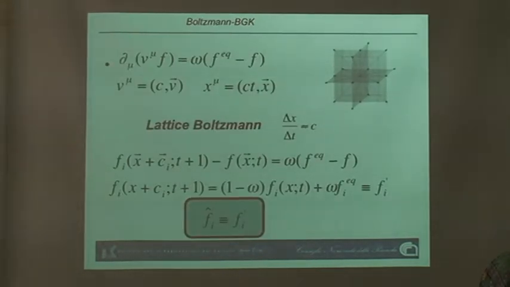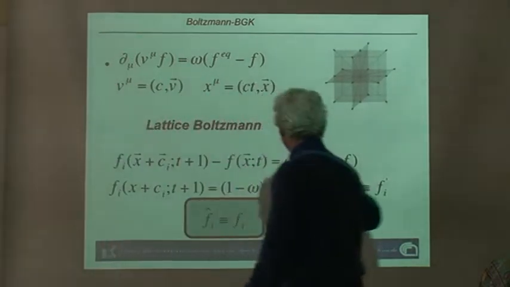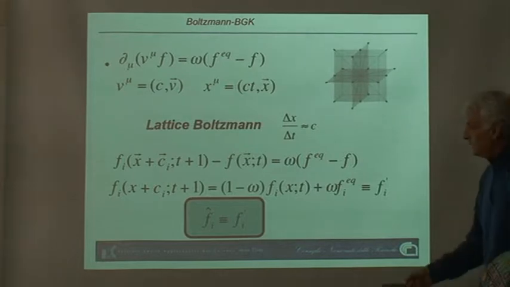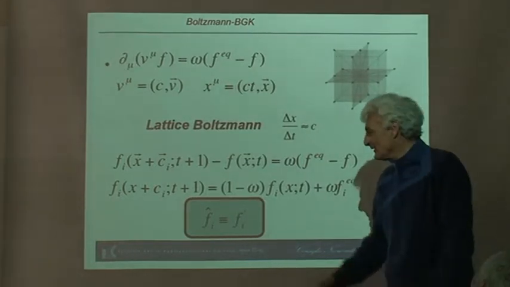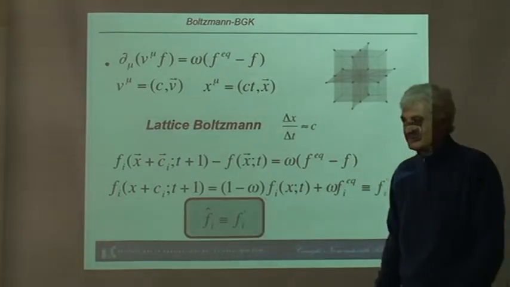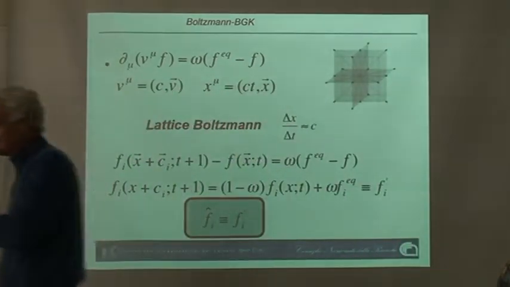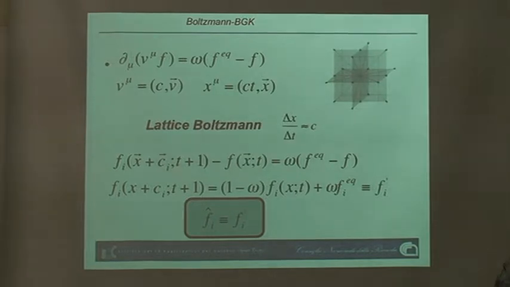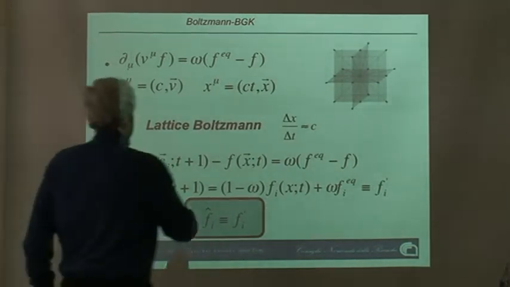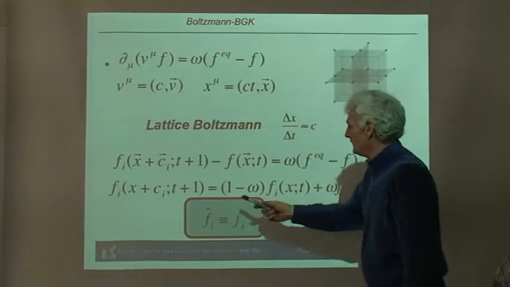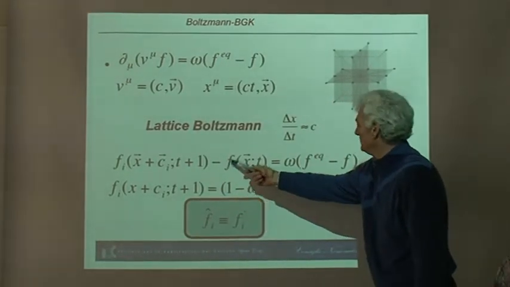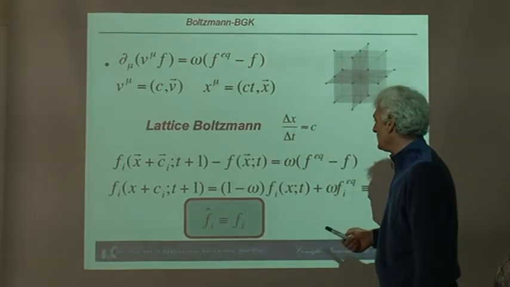Now, I have too many equations, but just forget about everything except this. There are many ways of writing Lattice Boltzmann. The one I like best is very compact: f hat equal f prime. That is Lattice Boltzmann, that is Navier-Stokes, and that is turbulence. So what is f hat? f hat is f shifted. And f prime, what did I do here? I just take f, bring it to the other side.